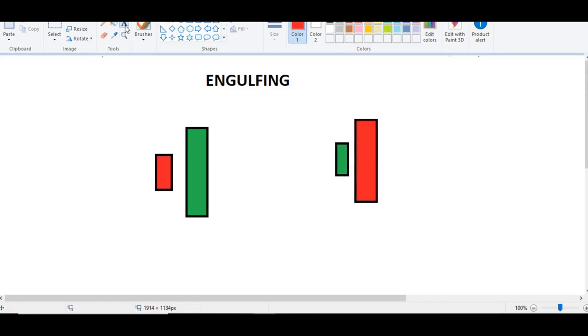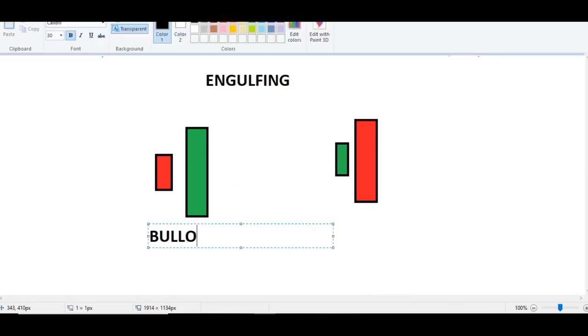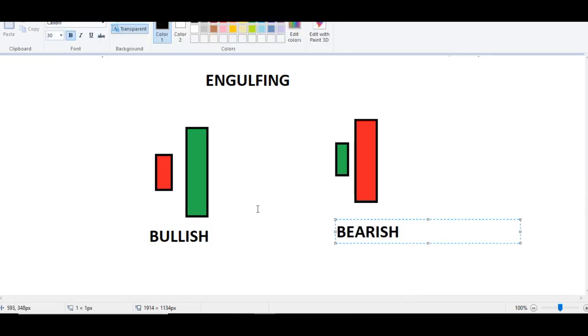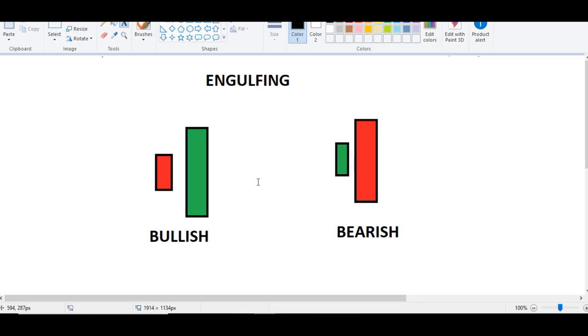We have a bullish engulfing and we have a bearish engulfing pattern. By definition, an engulfing pattern is nothing but a candle whose body encompasses the preceding candle, the previous candle.